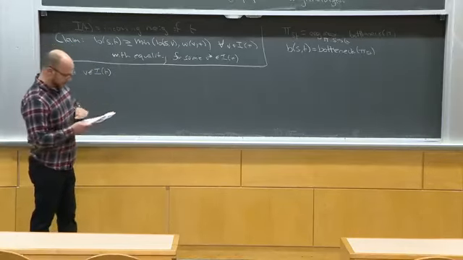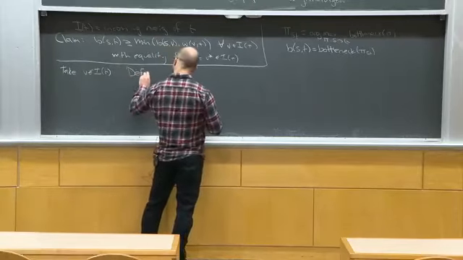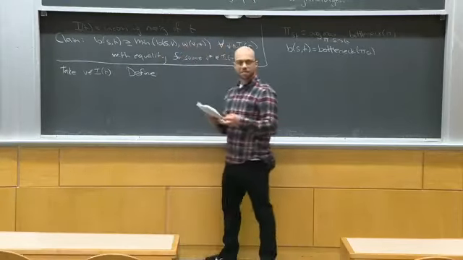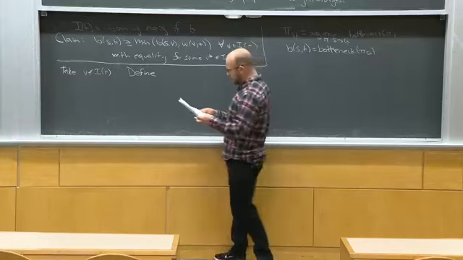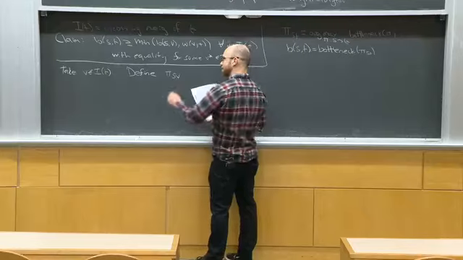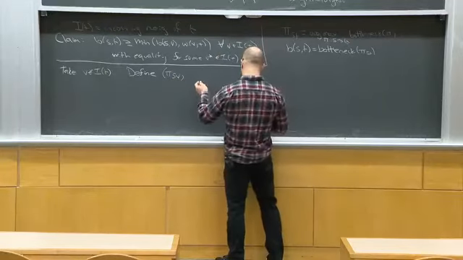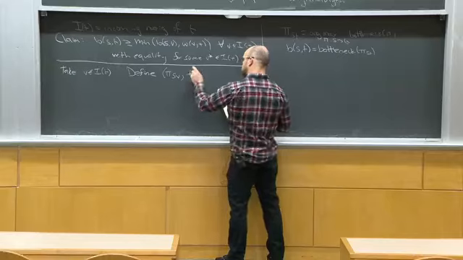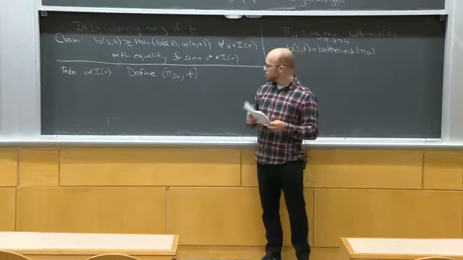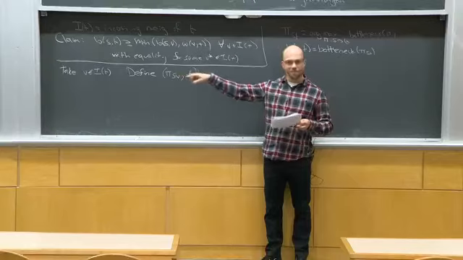In particular, we can define a path that goes from S to T as follows. I could take the pi(S, V) and then concatenate onto the end of this guy T, right? Because we know that there's a directed edge from V to T by definition of what this I is, okay?